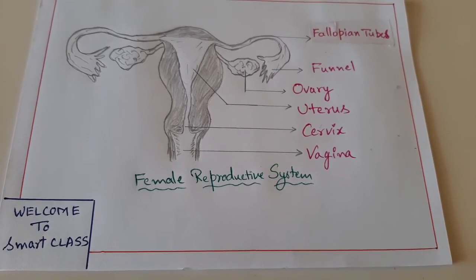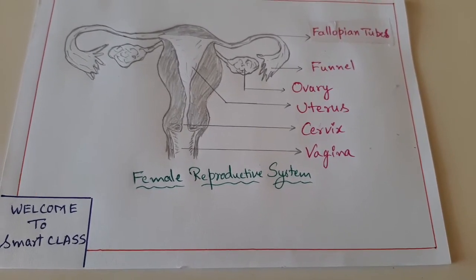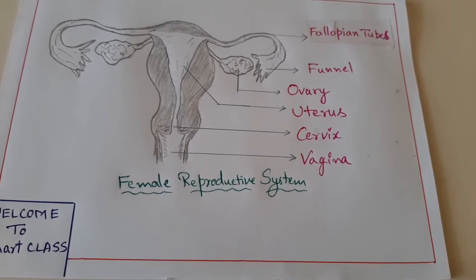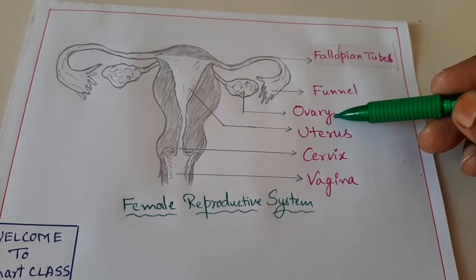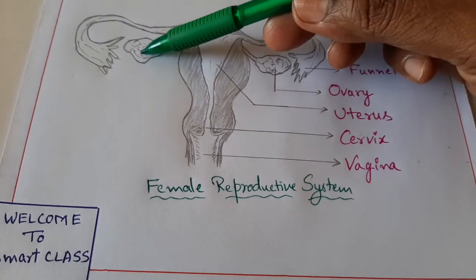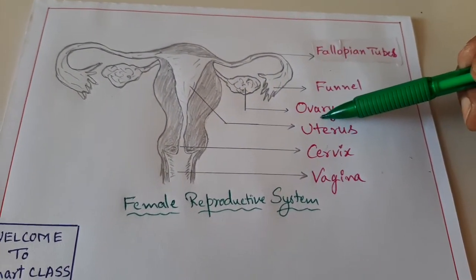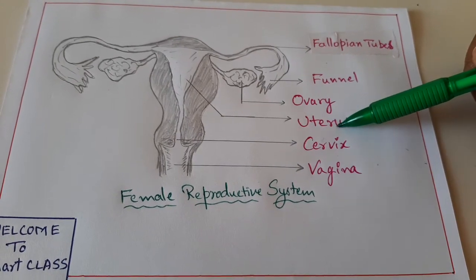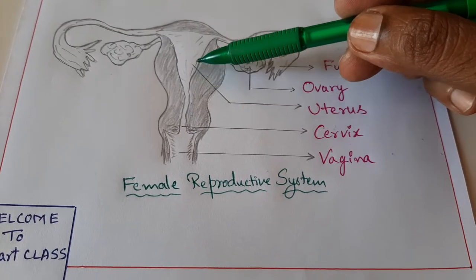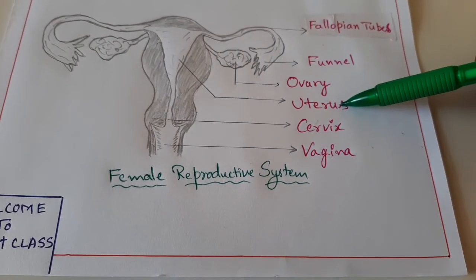First of all, let us know the parts of this female reproductive system. So main parts are ovaries. These are ovaries. This one and this one, ovaries. And next part is uterus. This wide structure, it is called uterus.